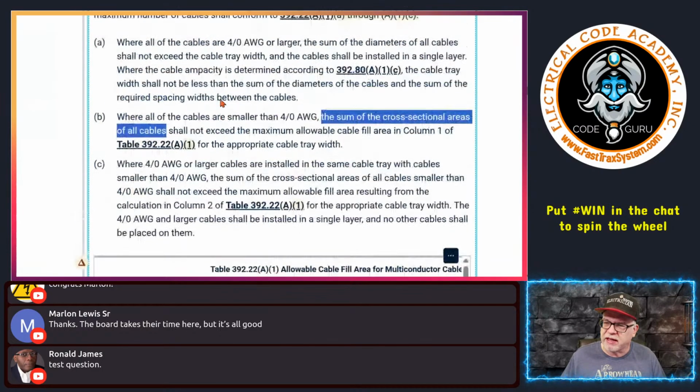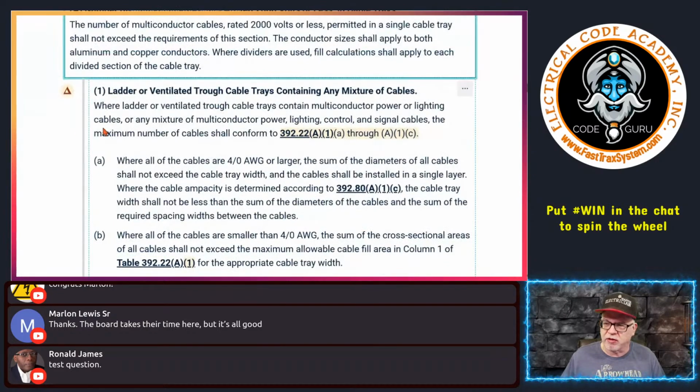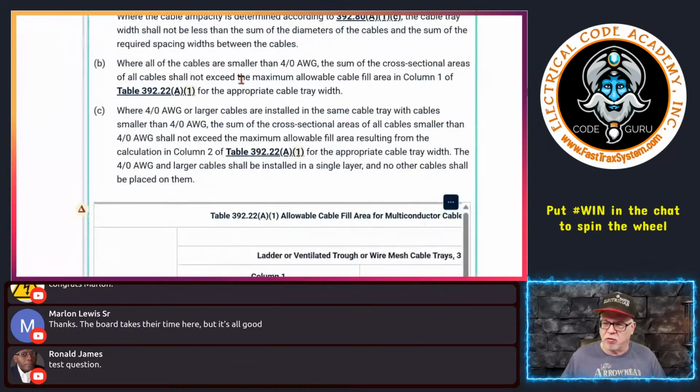Now again, we're talking multi-conductor cables here. So it's one of those scenarios where we need to know the cross-sectional area of the cable itself. So reach out to your manufacturer, and if you have specific different types of cables, they can give you that cross-sectional area of the cable assembly, whatever one you're dealing with.